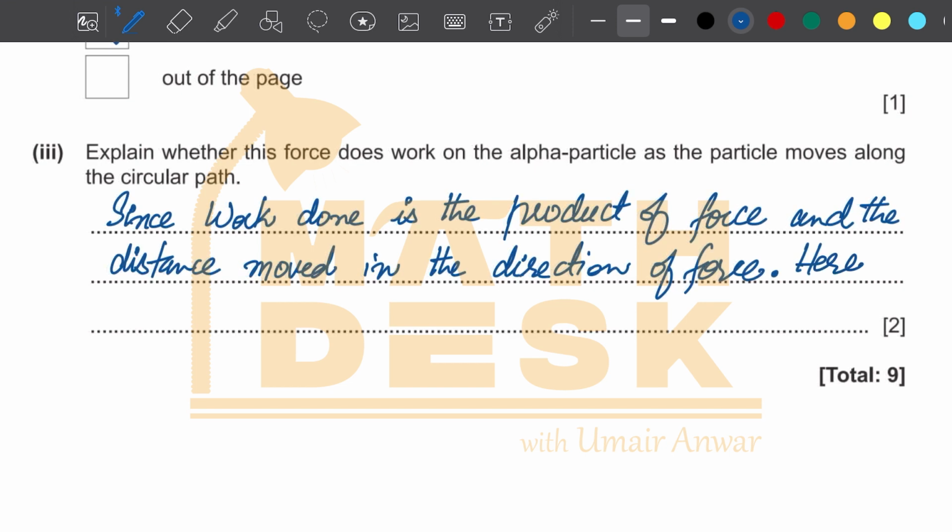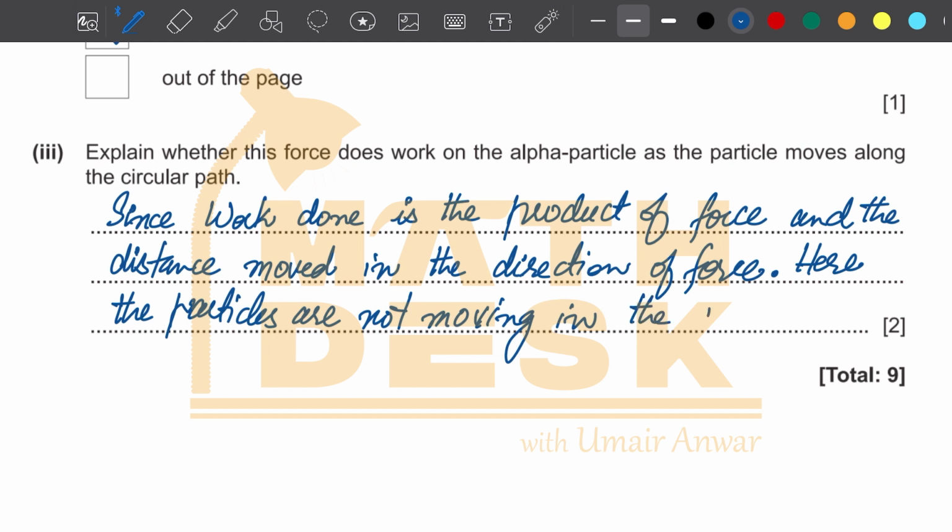But we can see that here the particles are not moving in the direction of the force. So no work is done.